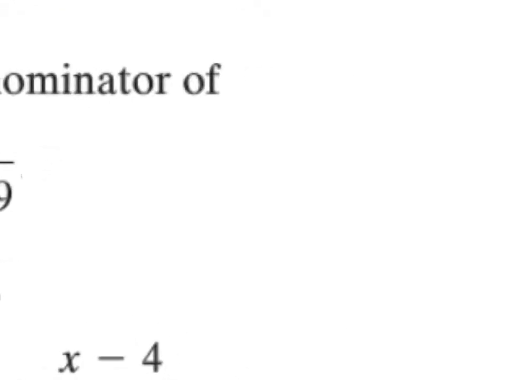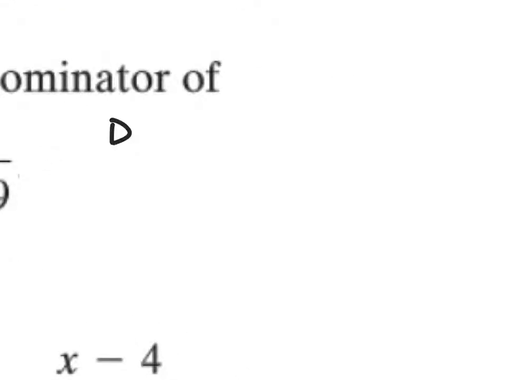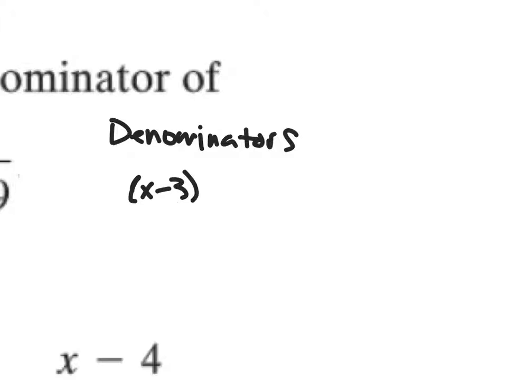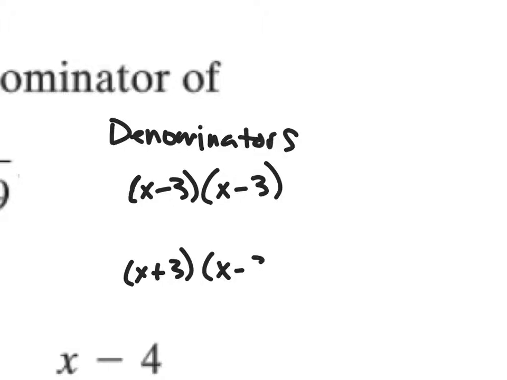Here are your denominators. So I'm going to write these over here. Denominators. You have x minus 3, x minus 3. Here you have x plus 3 and x minus 3.